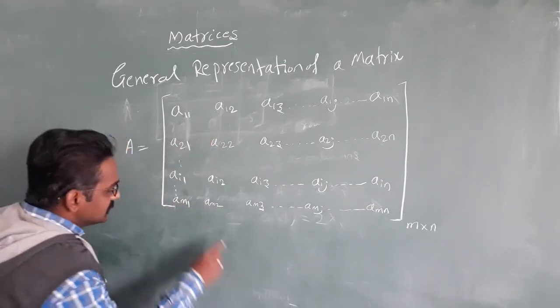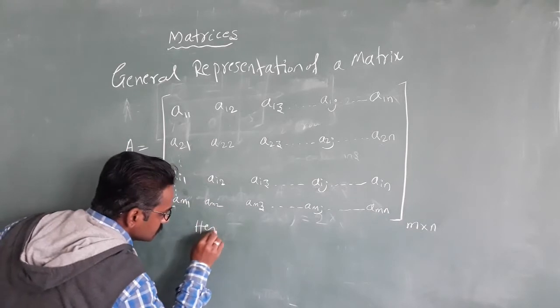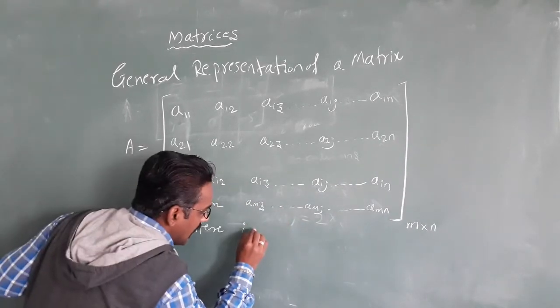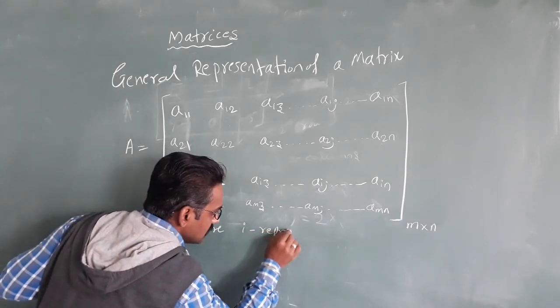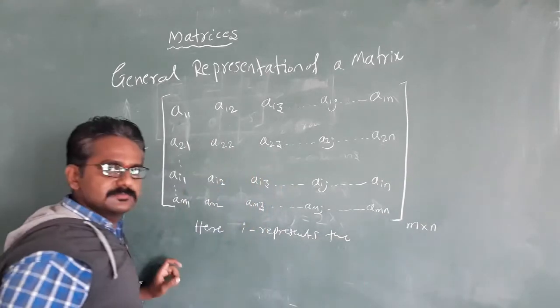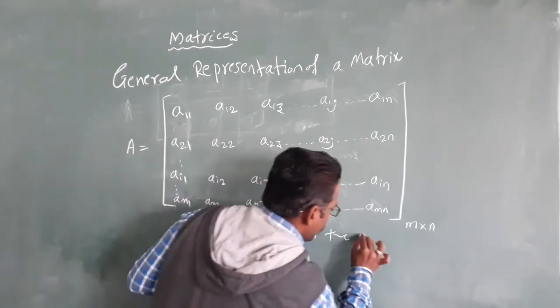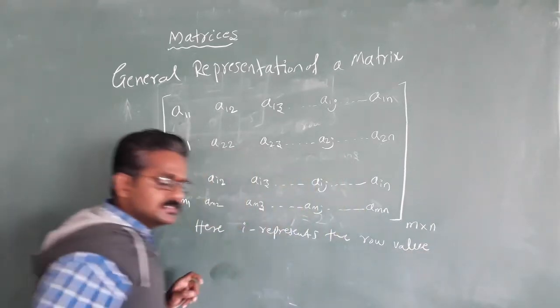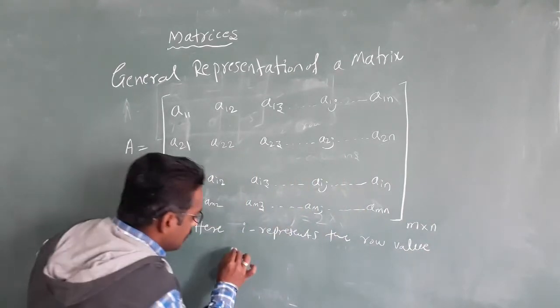Here, this i represents the row value. Row value means in what row, okay?